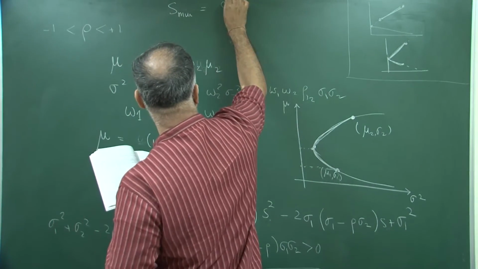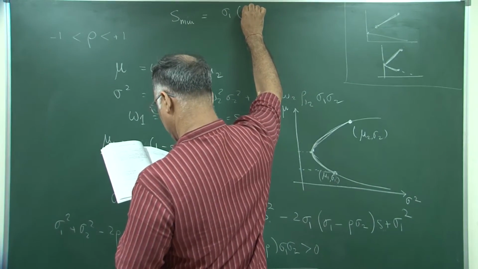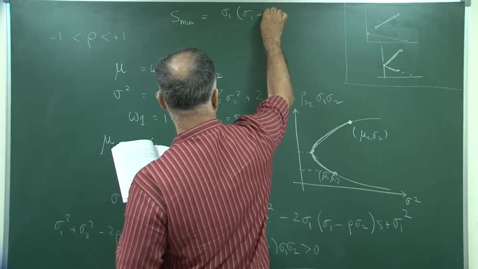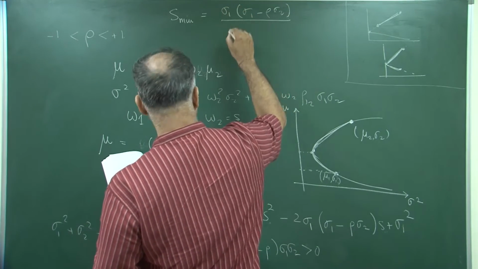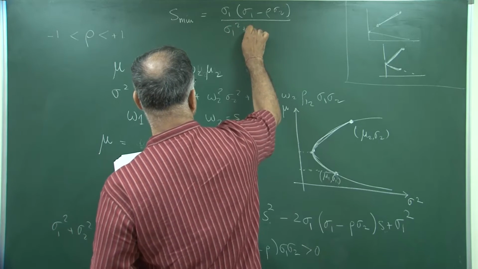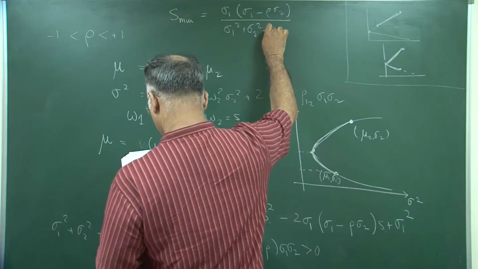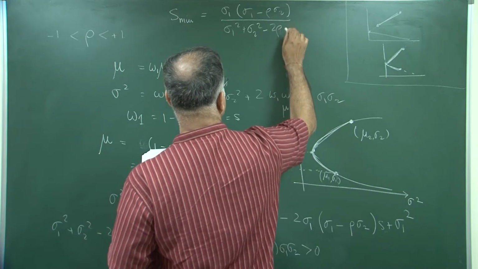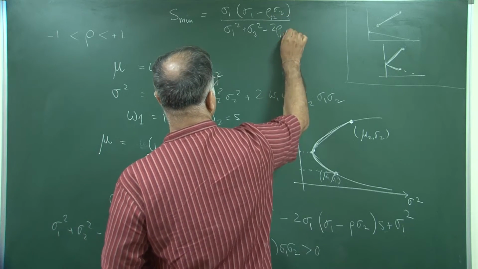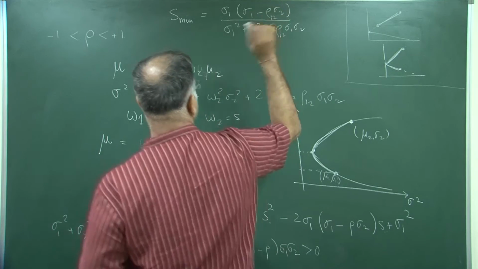The minimum S is sigma 1 minus rho sigma 2, over sigma 1 square plus sigma 2 square minus 2 rho 1 2 sigma 1 sigma 2.